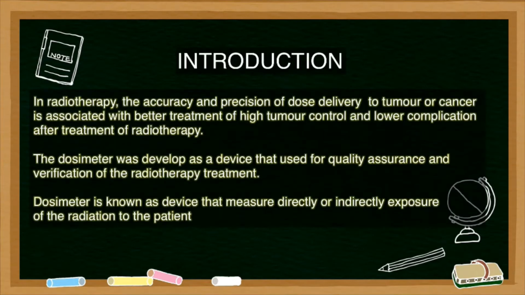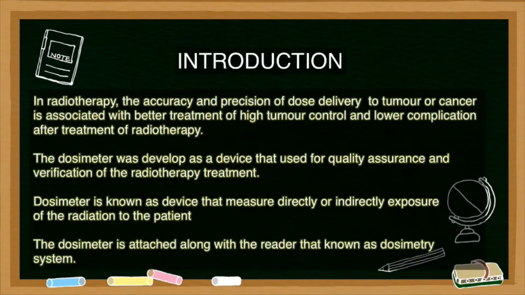A dosimeter is known as a device that measures directly or indirectly the exposure of radiation to the patient. The dosimeter has its own function in radiation processing, where the absorbed dose and dose rates are measured with reasonable accuracy.